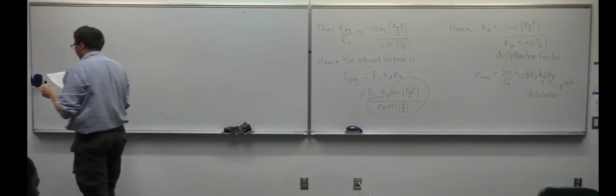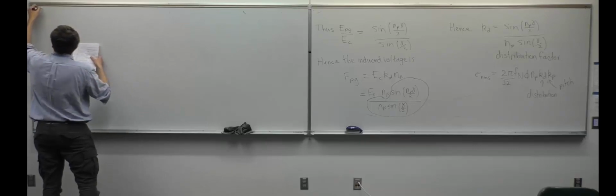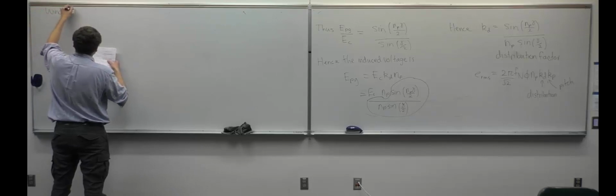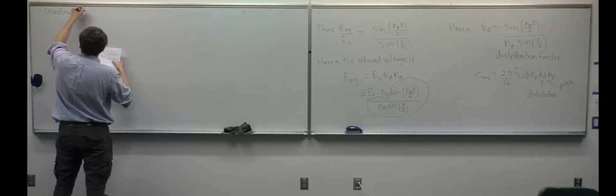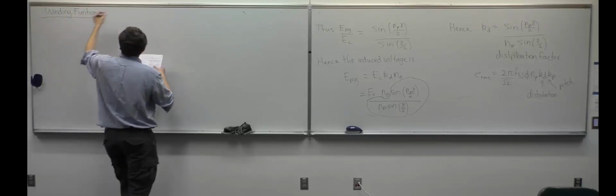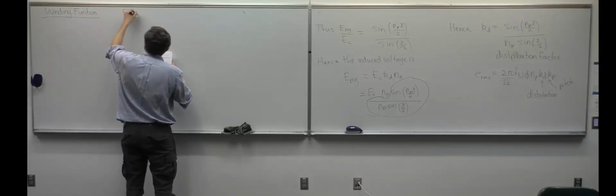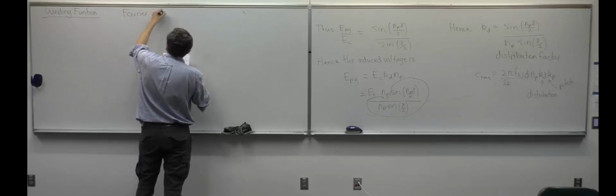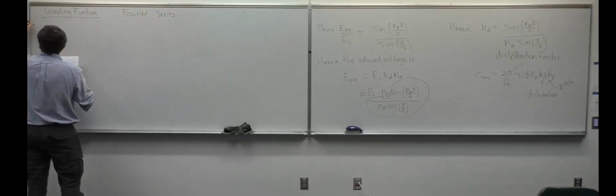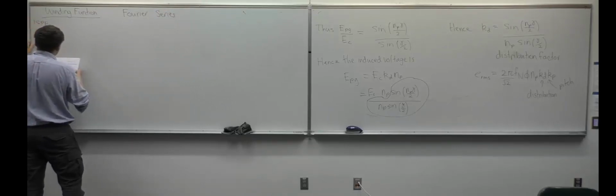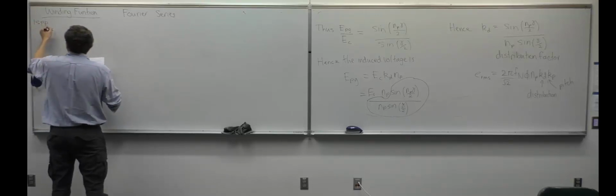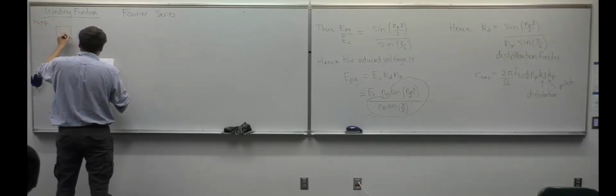So we've looked at four different windings, and I'll try to summarize it here. So winding function, and then we have the Fourier series that it corresponds to. So we looked at one slot per pole per phase with no chording, and we had a square wave.